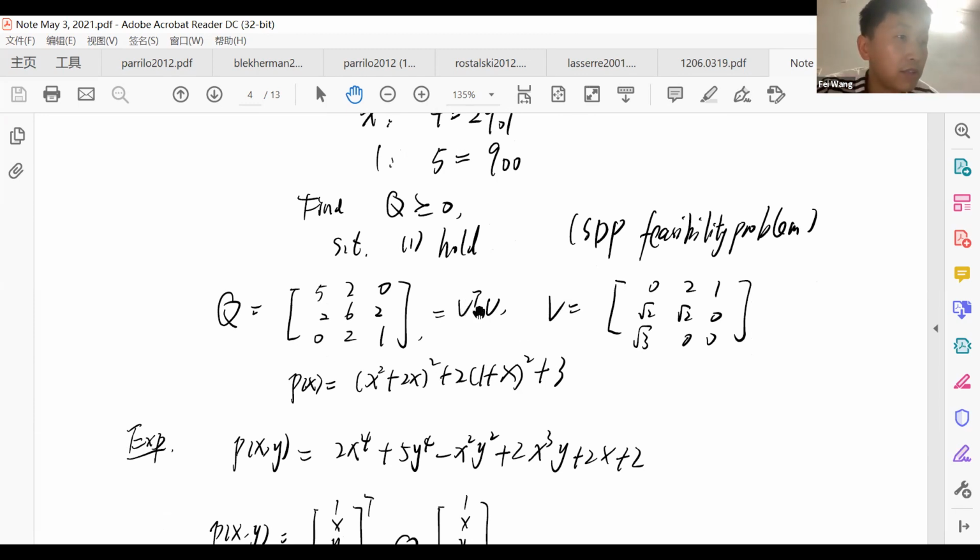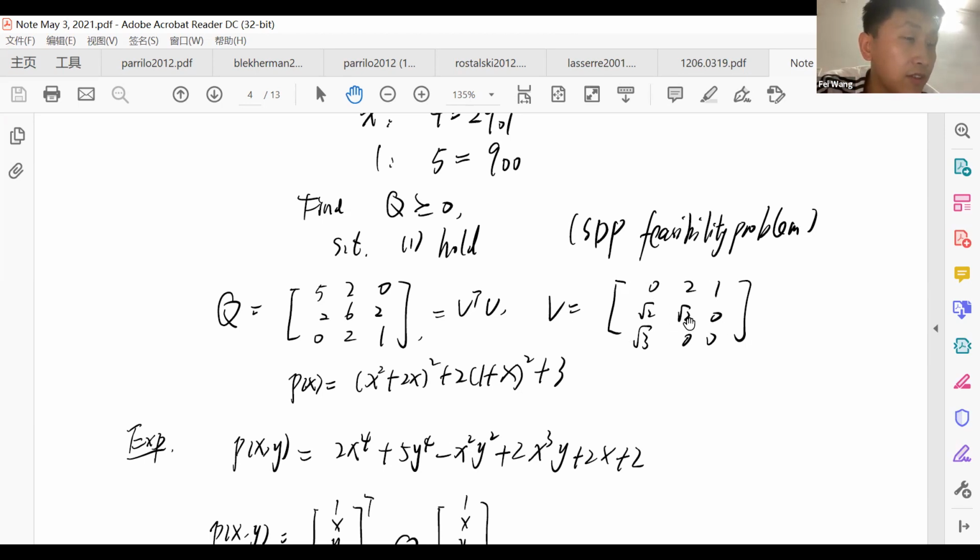Therefore p(x) can be written as a sum of three squares. The first square comes from the first row, where this 2 corresponds to x and 1 is the coefficient of x squared, so it is x squared plus 2x plus 0.